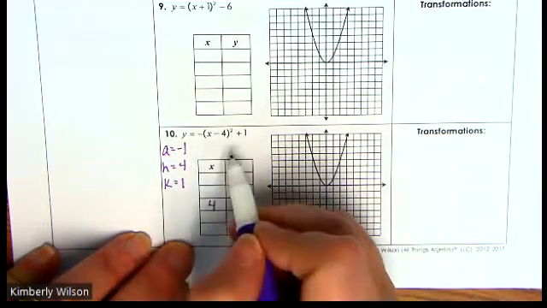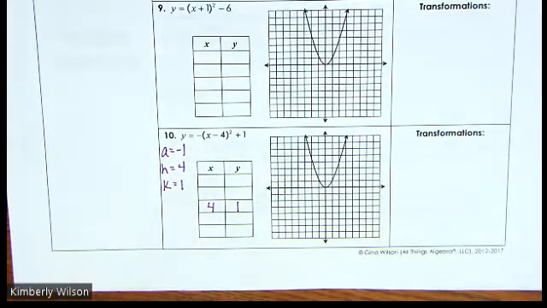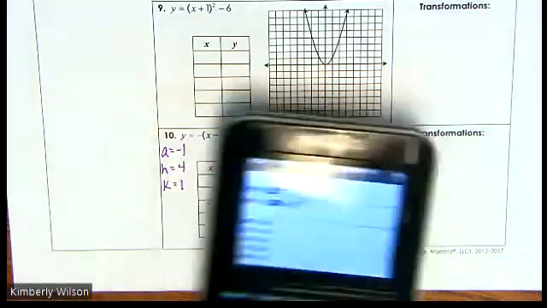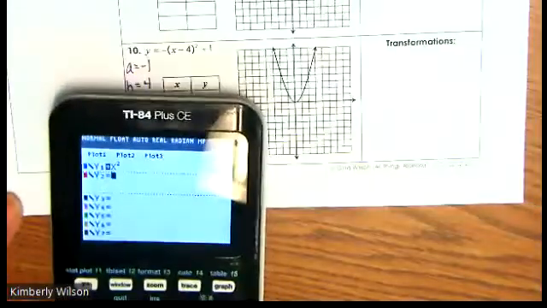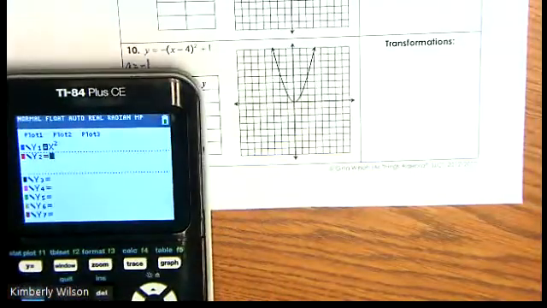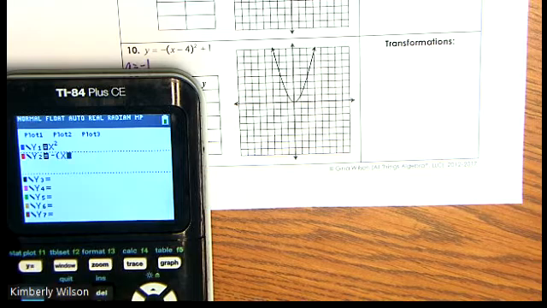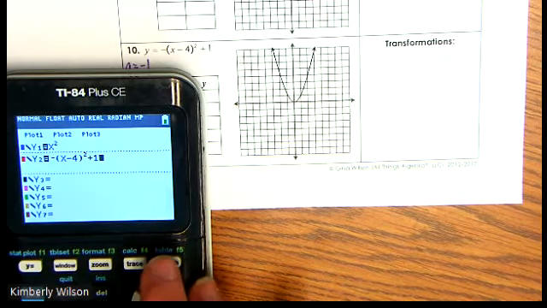So let's plug this into the calculator now. So I go to y2, clear it, and I'm plugging in negative, open parentheses, x minus 4, close parentheses, squared plus 1, graph.